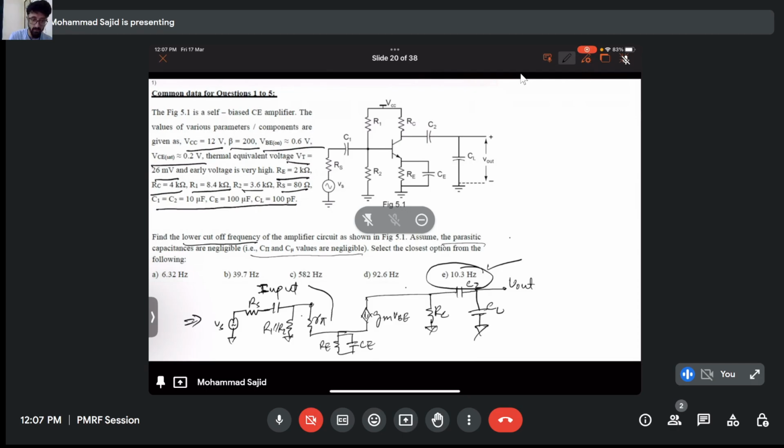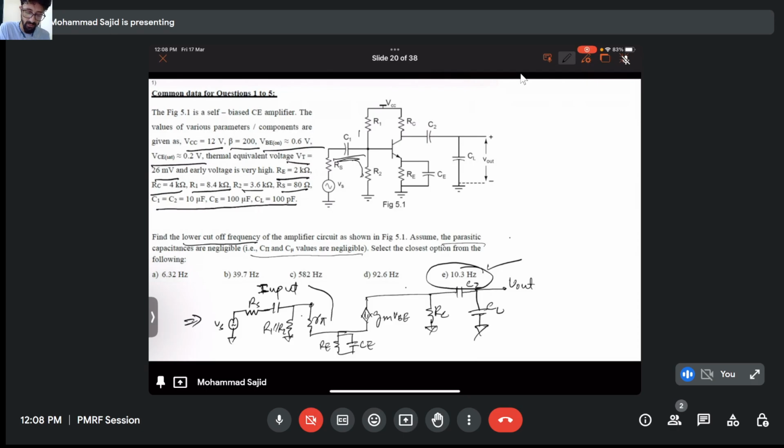So this is how you find the cutoff frequency for a particular capacitor. Because if this is a capacitor and this is a resistor, this will form an RC network. So every capacitor has some time constant associated with it. So this is one approach.